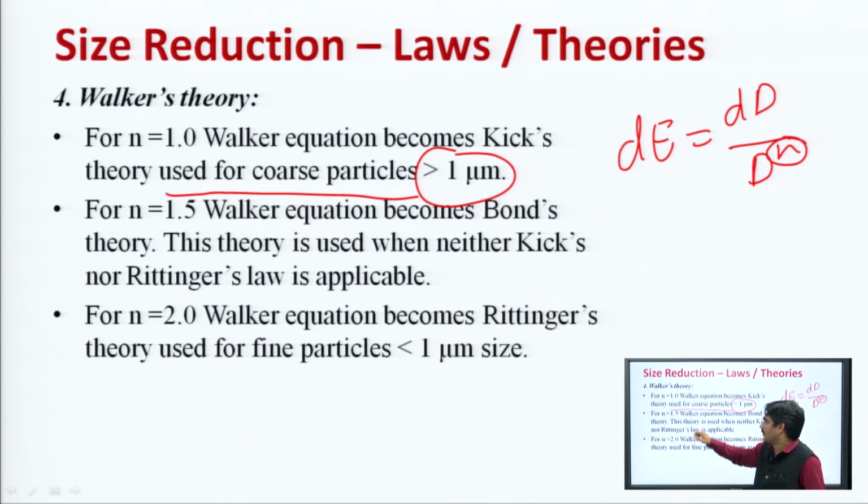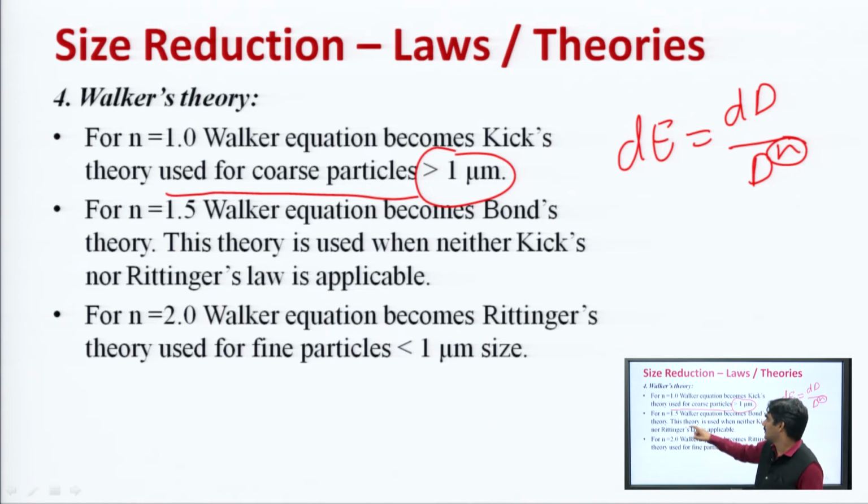For the value of n equal to 1.5, that means slightly more than the previous case. In the previous case, n is equal to 1, Walker's equation becomes Kick's theory.